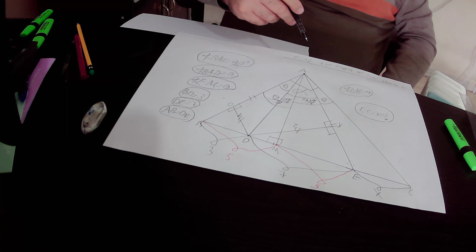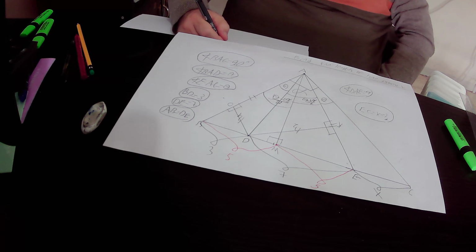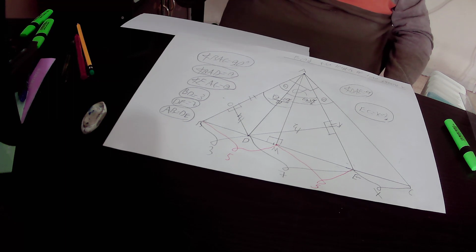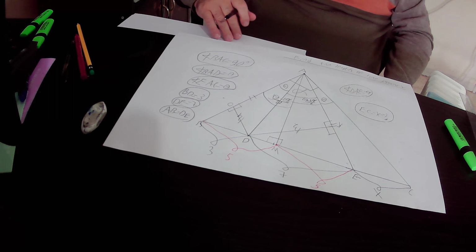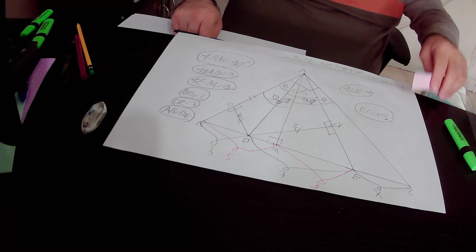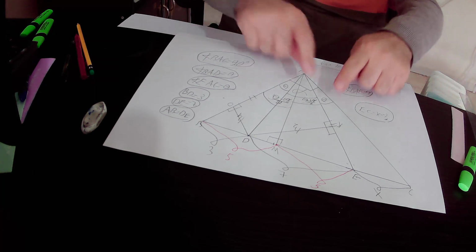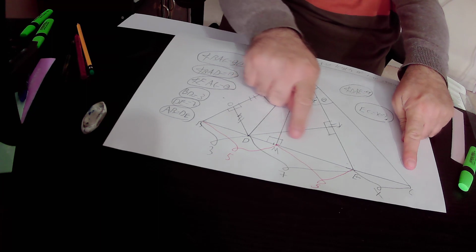According to our definition, AM equals h. And what is the value of MC from the drawing?